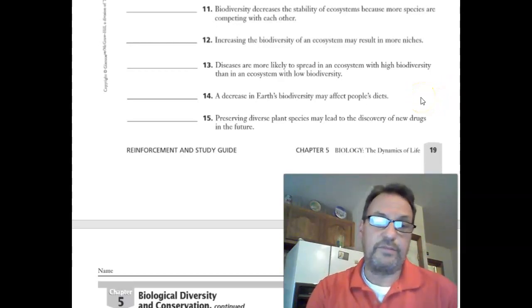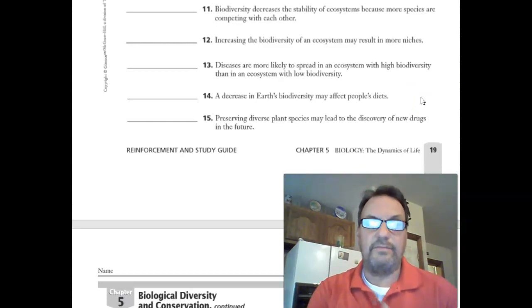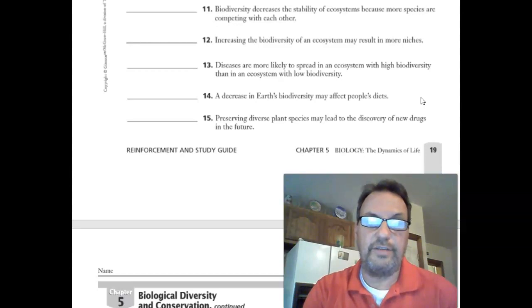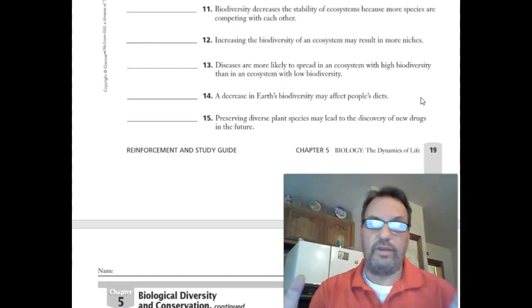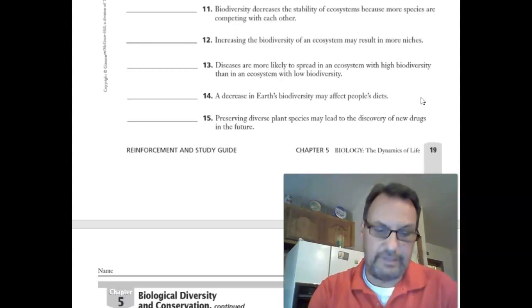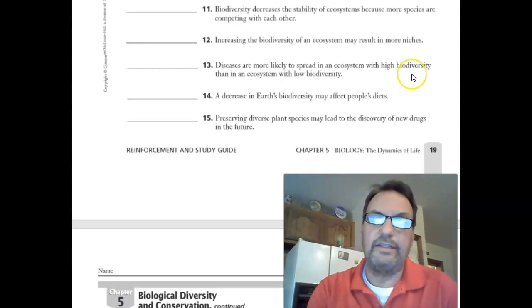If you remember from social studies, when the Spanish came in and encountered the natives, the Indians, a lot of those were wiped out by disease. So it's a stretch, but in the same way, when you have a lot of different types of life forms in an area, then the diseases can definitely spread quicker.